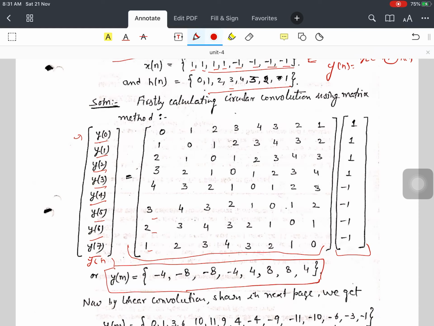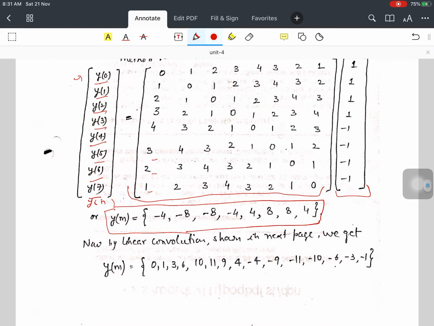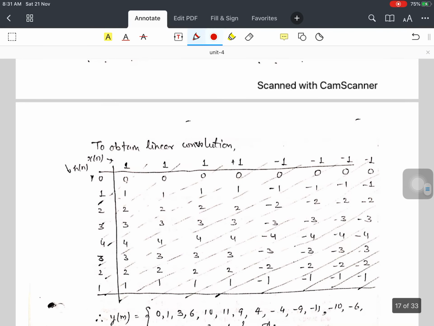Now, we have to check with the help of the linear convolution. How to calculate this linear convolution? It is very easy. Just write down all the values of h(n) over here: 0, 1, 2, 3, 4, 3, 2, 1, and x(n) over here, that is given in the question: 1, 1, 1, 1, minus 1, minus 1, minus 1, minus 1.